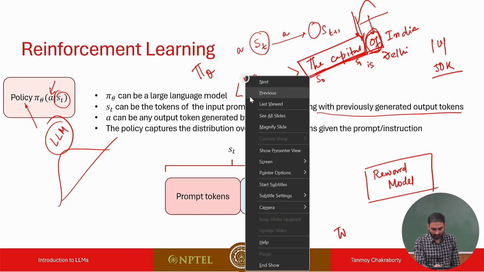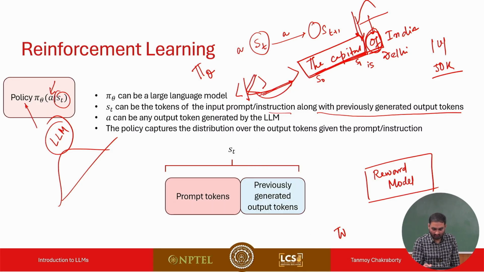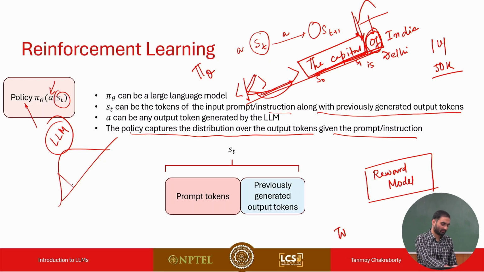So from the beginning of the prompt till "capital" is going to be your state, that's going to be your S_t. A is the action. A can be any output token generated by the LLM. The policy captures the distribution over the output tokens given the prompt or the instruction, right? So this is the distribution.